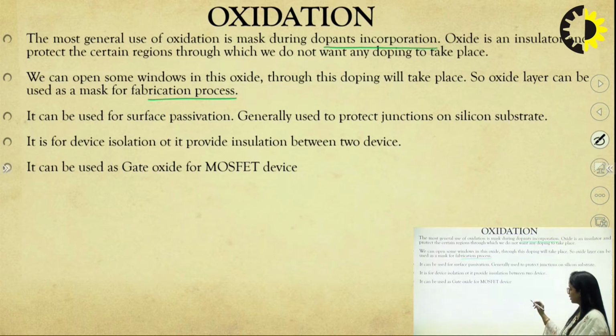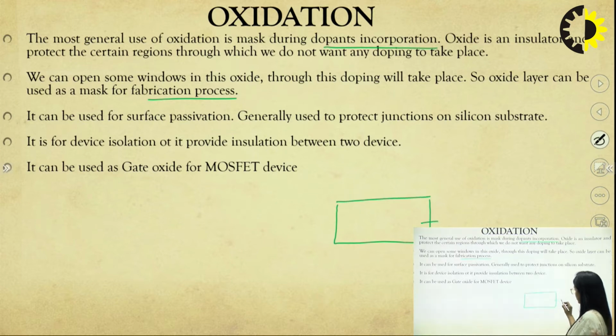What are we actually trying to do? Let's say this is a wafer, a silicon wafer, and this is P-type. I want to add an N-type layer here, but I know that during the process of diffusion or ion implantation, this N will not be limited to this region.